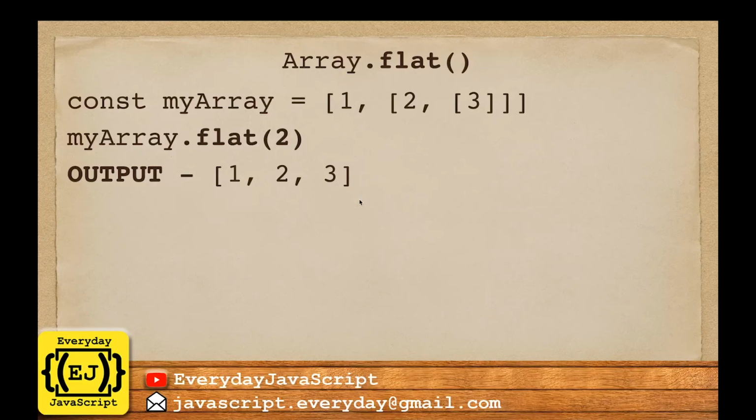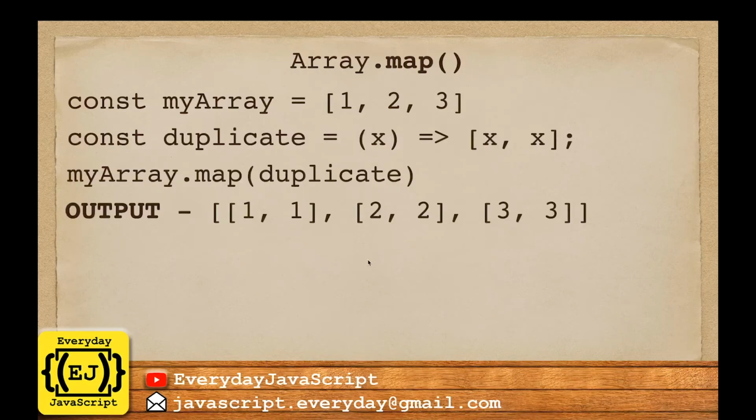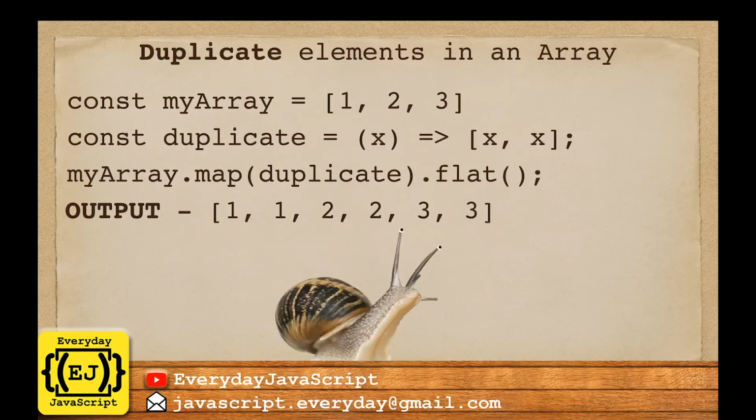And if we don't know the depth of an array, we can pass in Infinity, so this will flatten it to the last level. We can use map in order to duplicate the elements of an array, and we can combine it with flatten so that we can have duplicate elements inside an array.